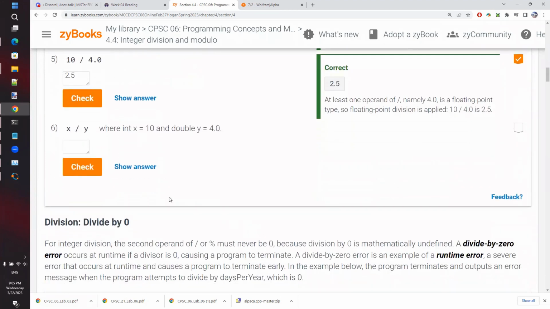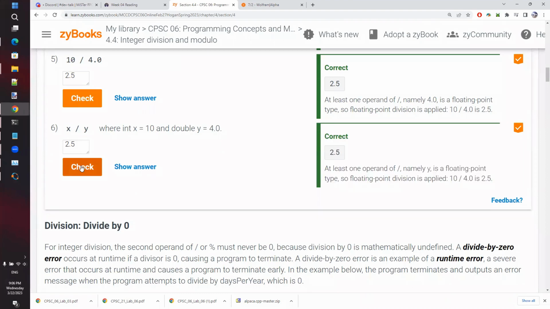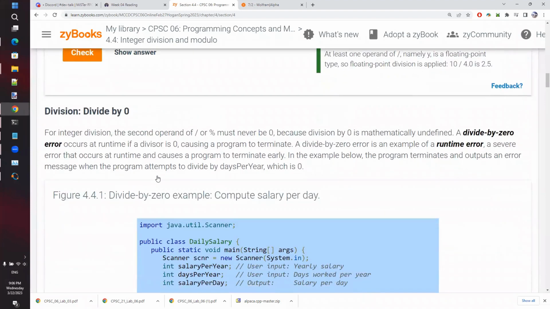Okay. Same thing here. X is 10 and Y is 4. When you say double y equals 4.0, a double is a floating point number. So when you do the 10 divided by 4, you get 2.5. And because a double was involved, it will not do integer arithmetic. So as soon as a double is involved, it will do the calculation correctly. Okay?